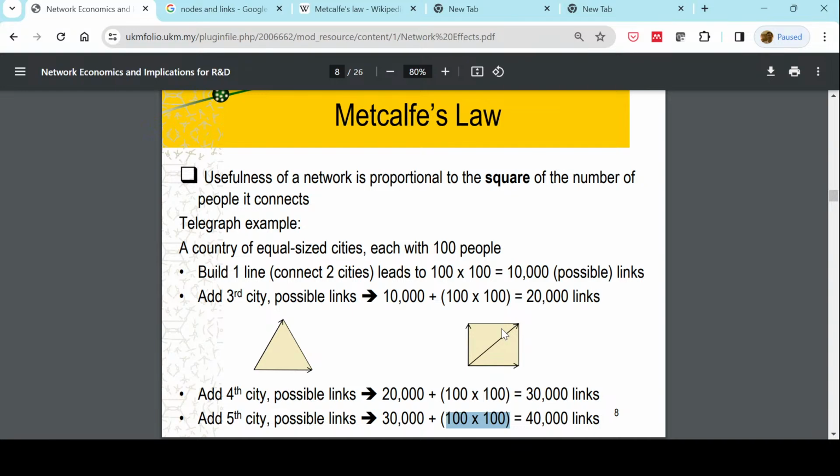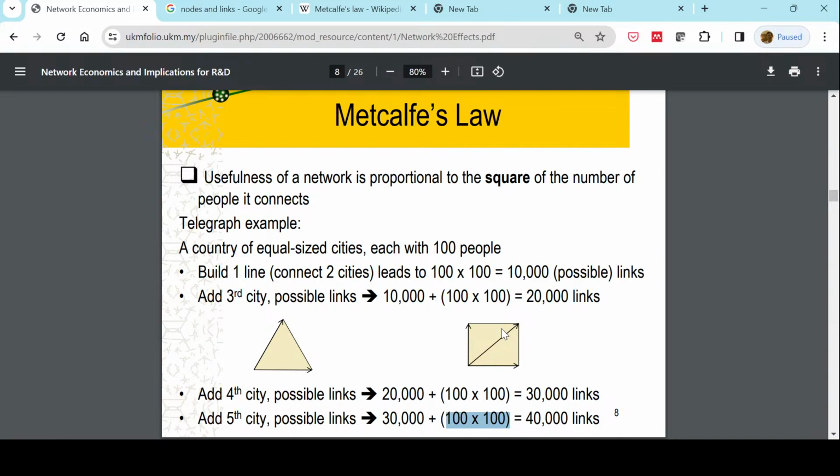But that network effect we're referring to: the more people use or buy product A, the more people will buy product A. The more people buy product A, the fewer people buy product B. It becomes bigger, bigger, bigger.